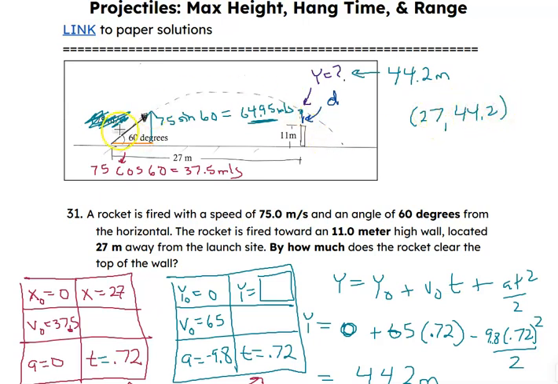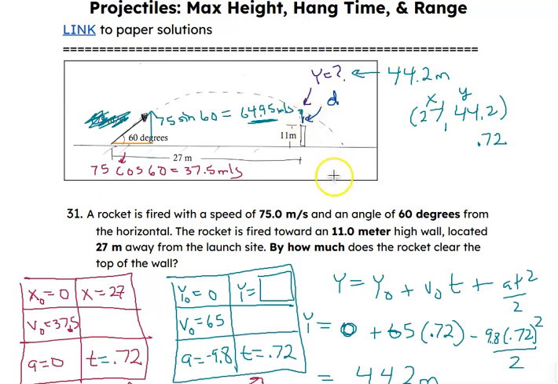I really want to reinforce that this is not a parabola because of position versus time. This is a position versus position. This is a picture of the motion, not a graph like we did in the first unit. So what's hidden is this is our x, this is our y, and the time is 0.72.